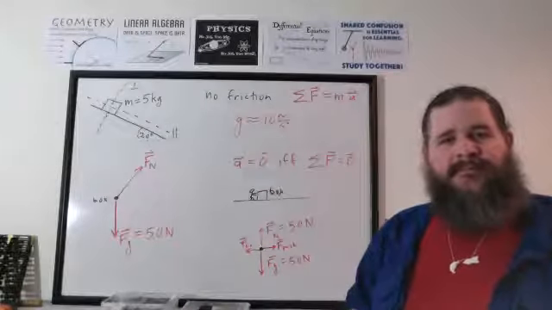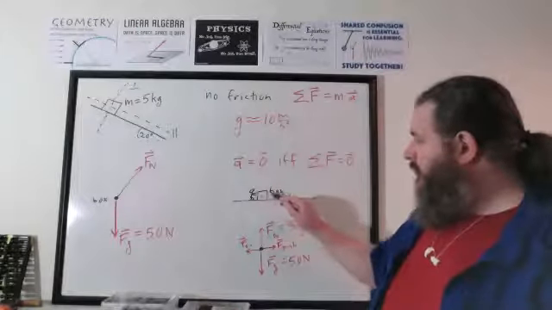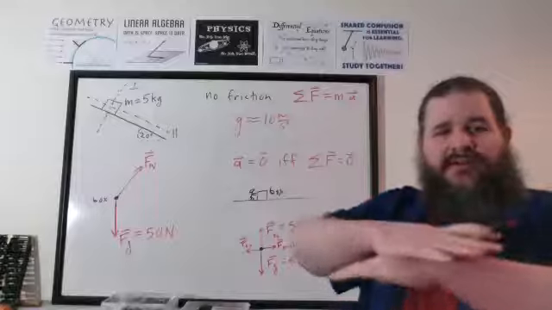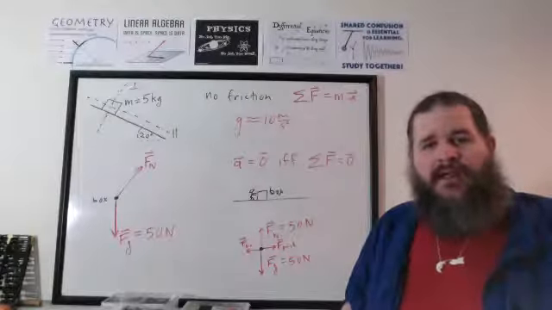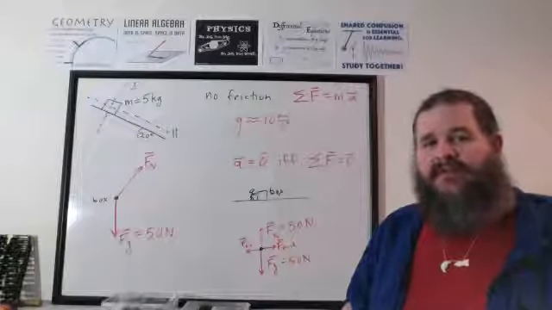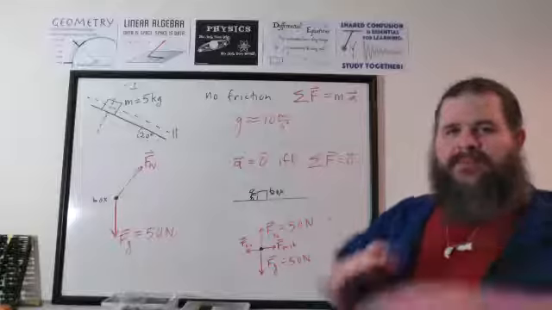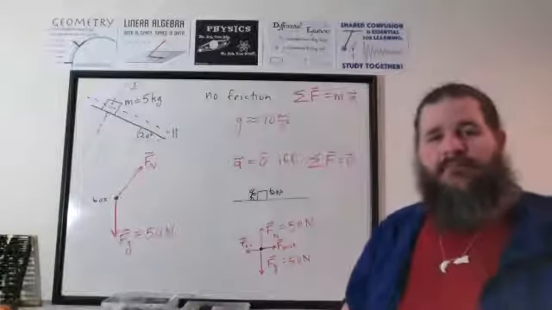The box will move. Yeah, the box is going to accelerate, start moving. And as soon as the box is in motion, as soon as it's sliding on the surface, then instead of static friction, you now have kinetic friction. Kinetic friction is different in a couple of ways. First of all, it's typically weaker than static friction, which is why it may take a lot of effort to get something moving, but once it's moving, it's much easier to keep moving.